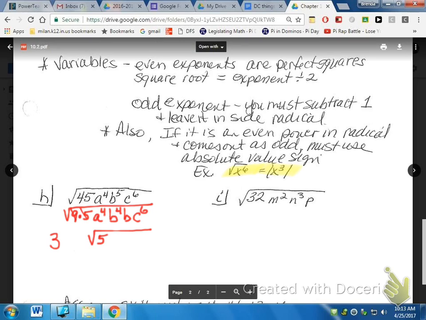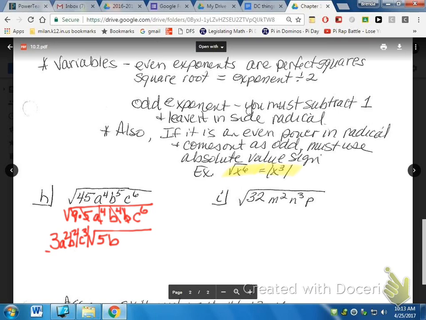So the 5's taken care of. A to the 4th is a perfect square, and it comes out as a to the 2nd. Done. B to the 4th is a perfect square, so it comes out as b to the 2nd. That extra little b stays inside, it's left over. And c to the 6th comes out as c to the 3rd, but it was an even power coming out as an odd, so it has the absolute value symbol around it only.